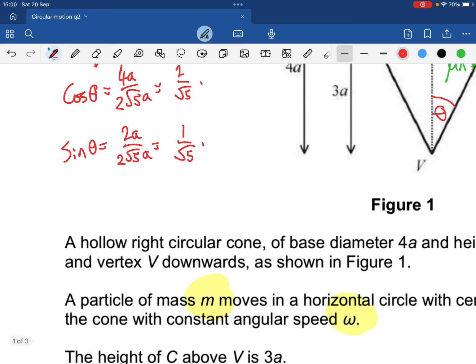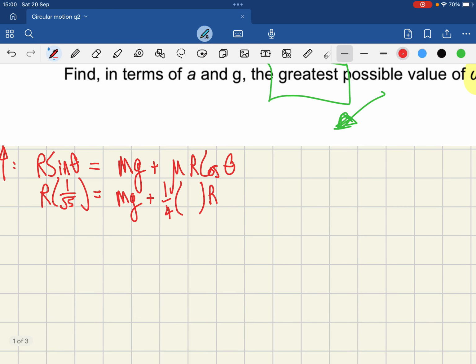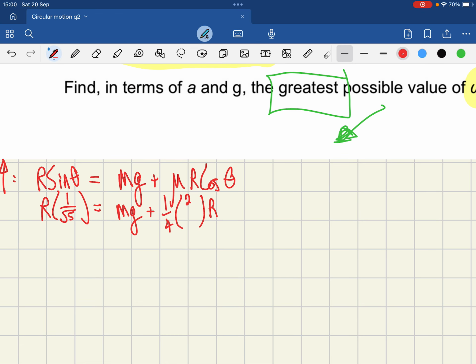Cosine theta was 2 over root 5. Let's sort out our fractions for ourselves then. So R 1 over root 5 equals mg plus, this will simplify to 1 over 2 root 5 R.